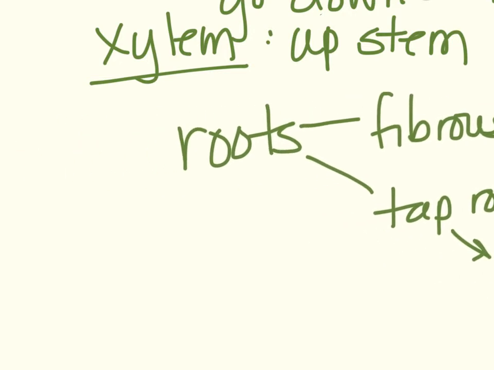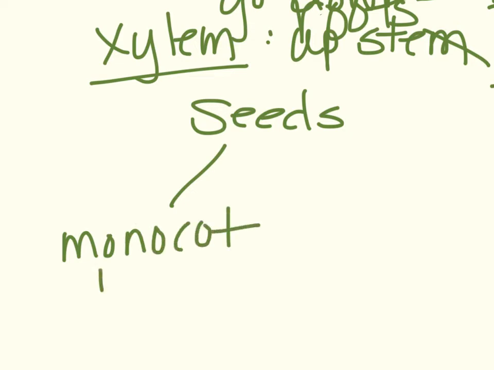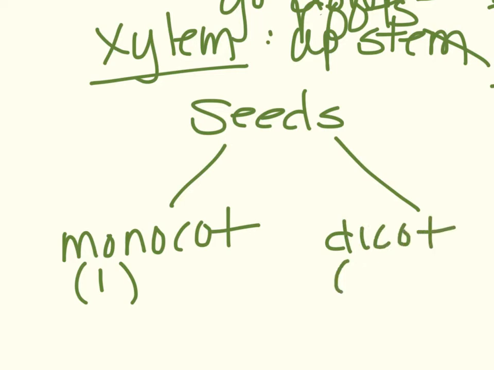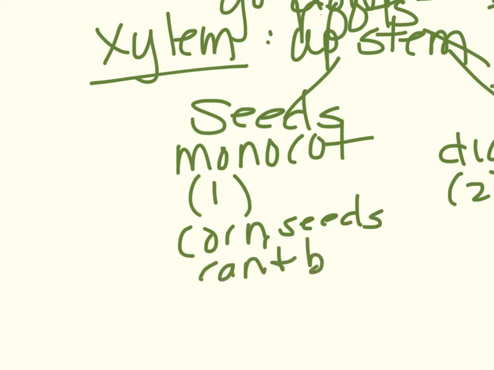And then it's monocot and dicot. These are the seeds. Monocot was one cotyledon, and dicot was two cotyledons. Monocots are things like corn seeds, and they can't be split very easily.